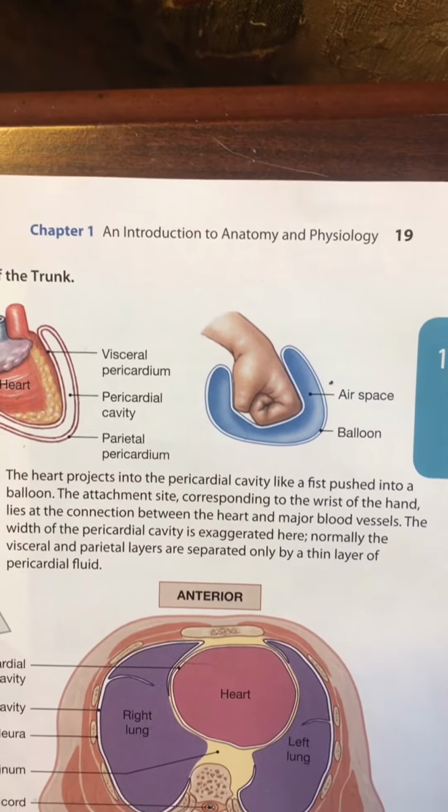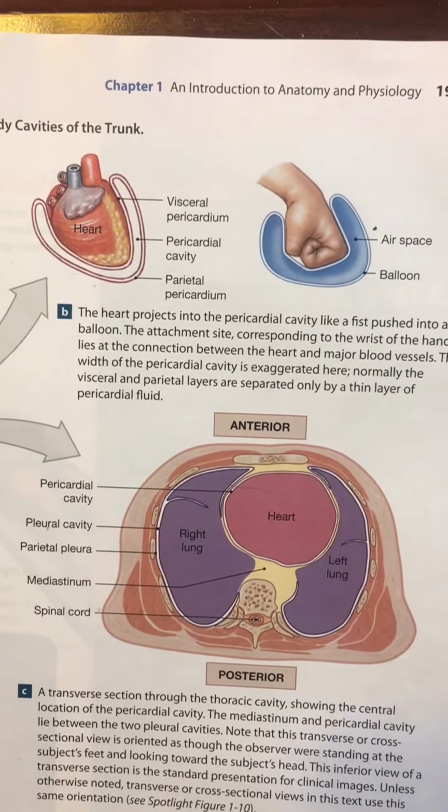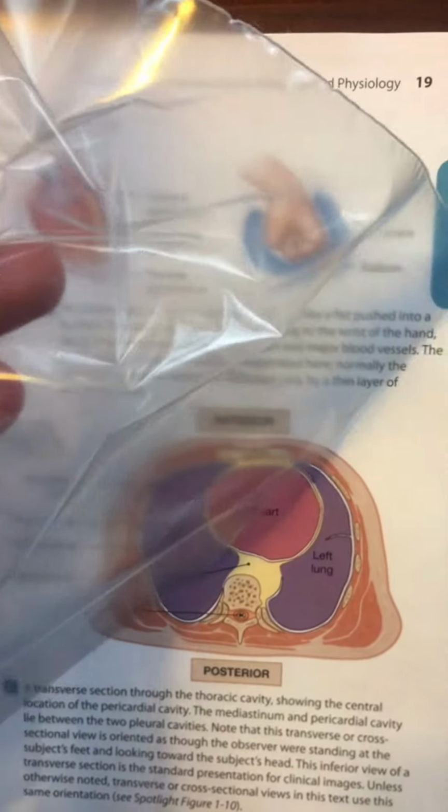So that cavity is basically a fluid-filled space, and it's a very, very narrow space. It's much more like what you would see with this Ziploc bag here. And although this has no fluid in it, it typically would have a very thin fluid of water, or serous fluid, which is mostly water.